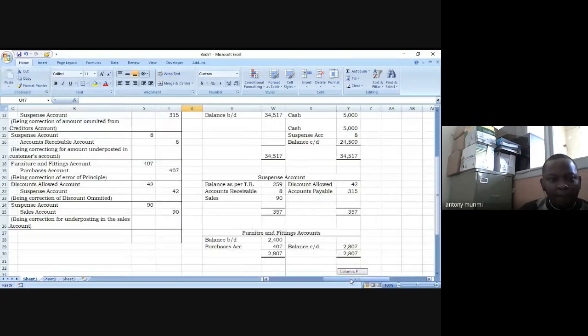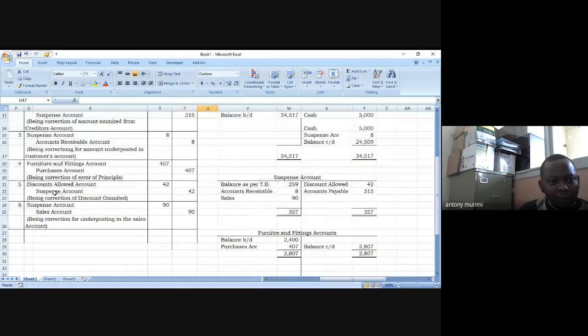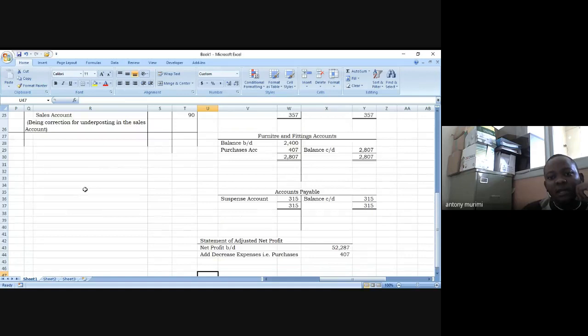Then number 5, we have discount allowed increasing. An increase in expenses will decrease our net profit. So therefore we less the increase in expenses from our net profit.